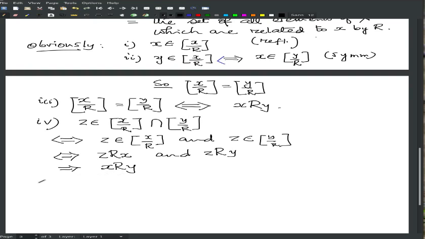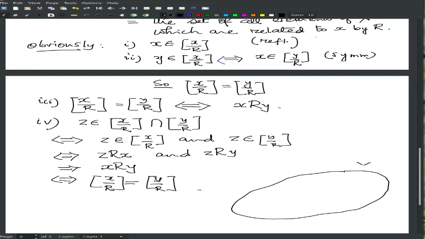And then since x is related to y, what we saw just now, this tells us, so you see what is this telling us? It is telling us that x by r, this is a subset of, so it's a picture something like this.